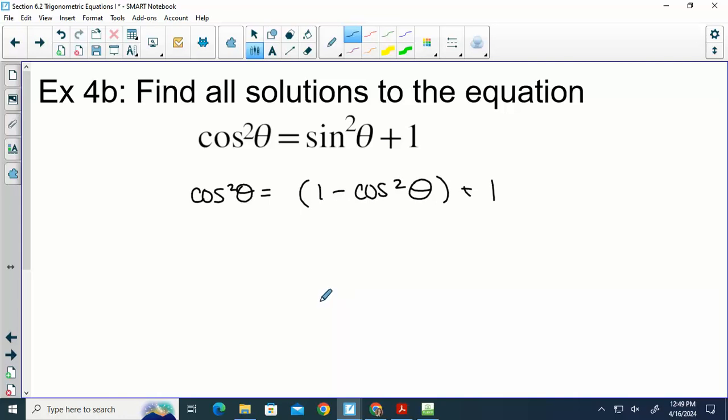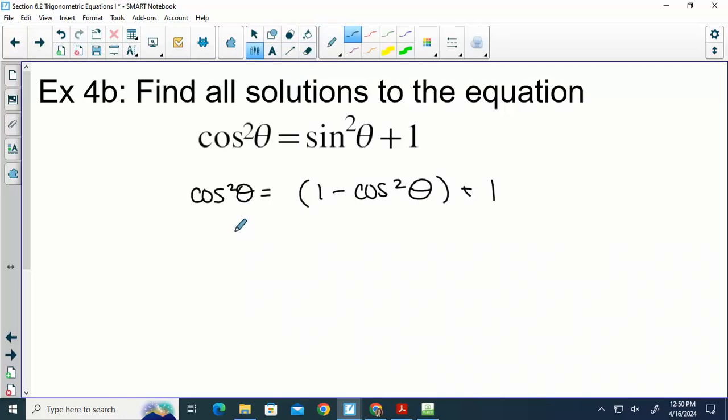Why can't we just make it equal cosine squared theta? Because it would have to be a negative right here for that to work. That identity is cosine squared plus sine squared, so you would have to subtract it over. But if it was a minus, then that would absolutely be the fastest method.